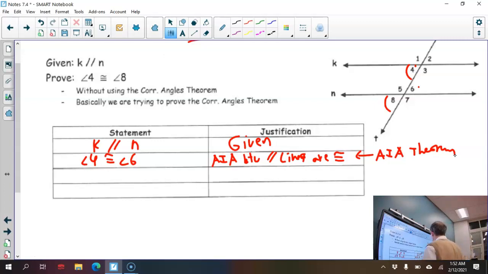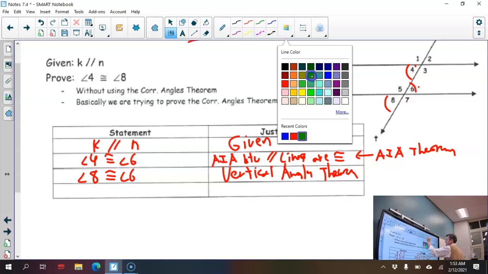And I can also say in my next step, so now I've proven that 4 is equal to 6. And now I can say angle 8 is congruent to angle 6. That one is because of the vertical angles theorem. All right. And now I've got it.